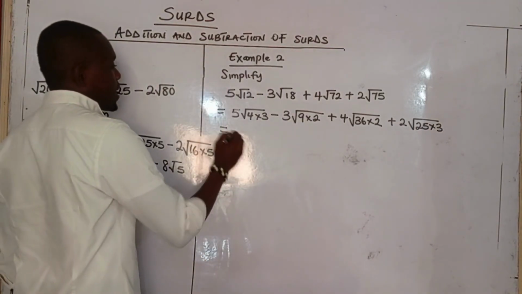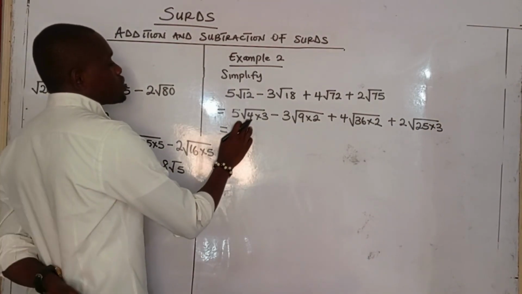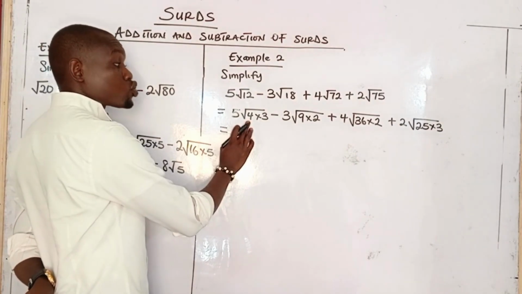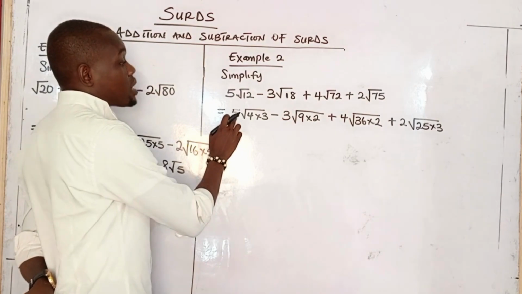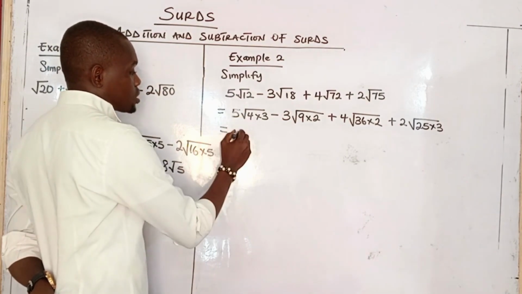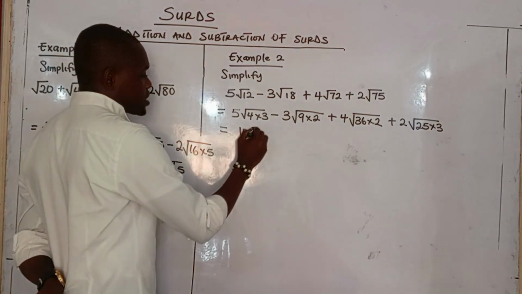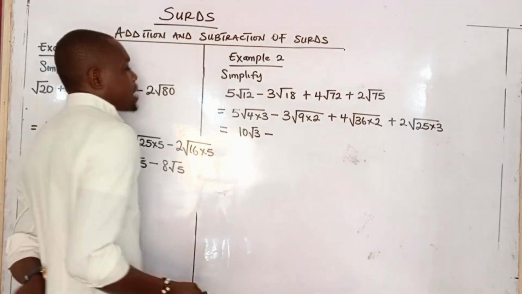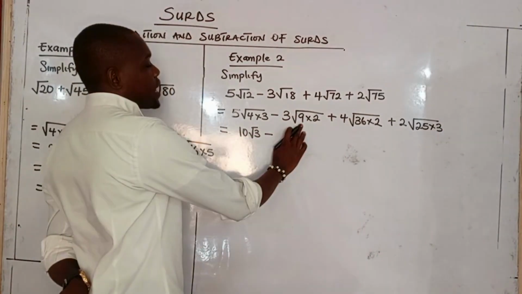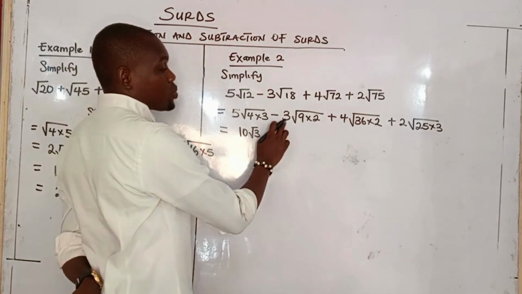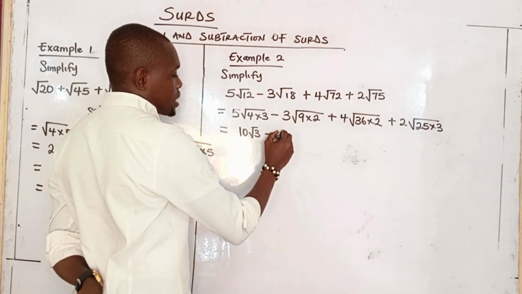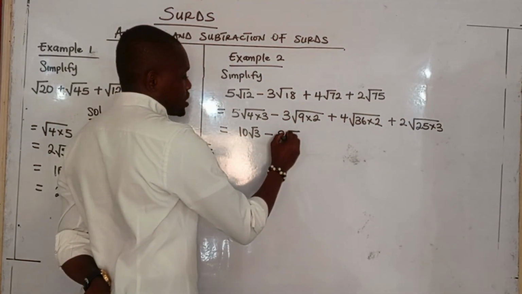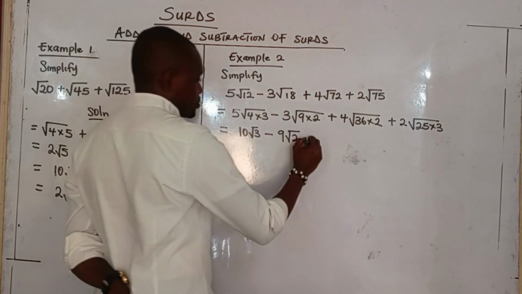So if we go ahead, the square root of 4 is 2. That 2 will be multiplied by 5, so 5 times 2 gives us 10. Here we have 10 root 3. Minus, the square root of 9 is 3. That 3 will be multiplied by the 3 outside, so 3 times 3 gives us 9. So we have 9 root 2.